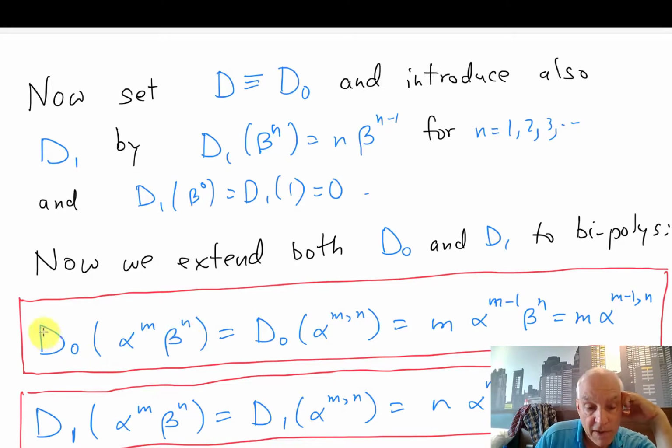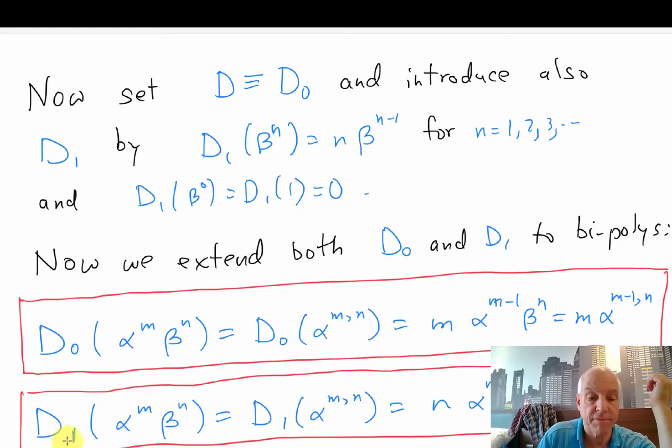So we declare that d sub 0, which is like the derivative with respect to alpha, of alpha to the m, beta to the n. Remember, this is more concisely written as just alpha to the m comma n. We're just going to treat the beta as a constant and just take the derivative with respect to alpha. So we get m alpha to the m minus 1 comma n.